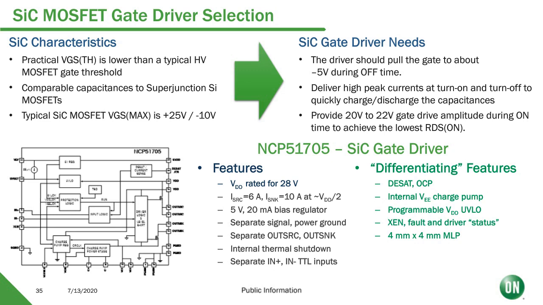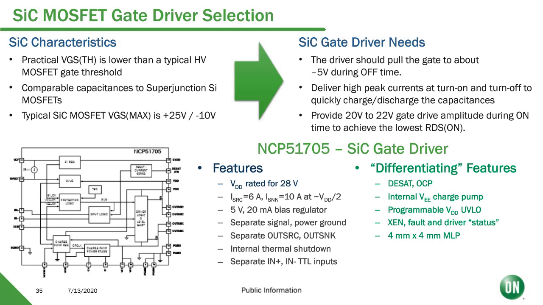What this means is, to ensure that the device is off, you want to ensure that the gate driver can supply a negative voltage during the off stage to ensure that the device is fully off and stays off during the time you want. In terms of capacitances, they're comparable to superjunction, so the need for a gate driver to have high peak current turn on and turn off is needed.